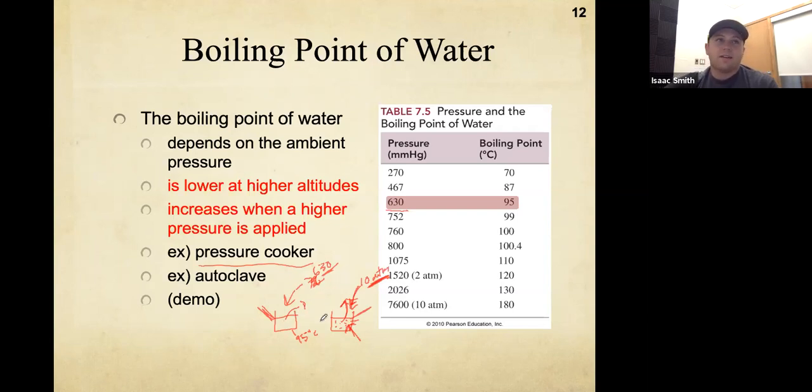You may have done some backpacking and noticed that stuff takes a lot longer to cook in water at high altitudes. If you're trying to make pasta at the top of a mountain, it's going to take way longer than if you're at home in California on the beach. Okay, so that's kind of why all that happens.